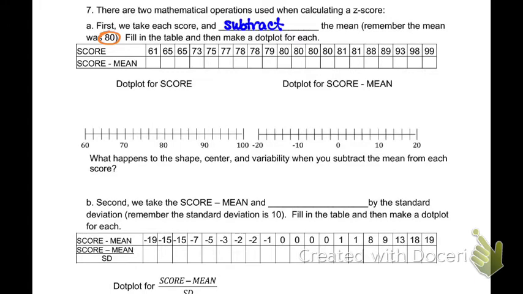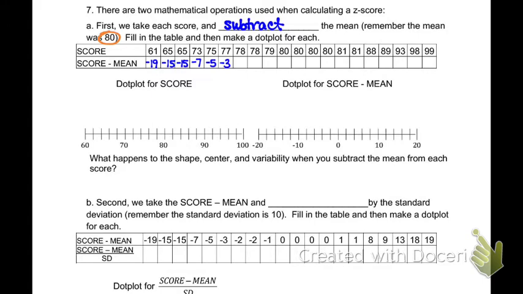61 minus 80 would give me what? Negative 19. 65 minus 80. Negative 15, and that's going to go in both of these. 73 minus 80? Negative 7. 75 minus 80? Negative 5. And then we have what for the next box? Negative 3.